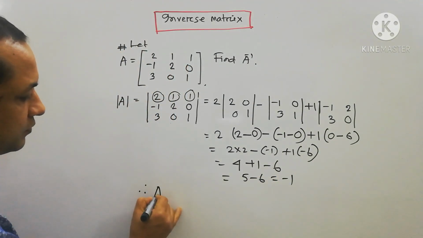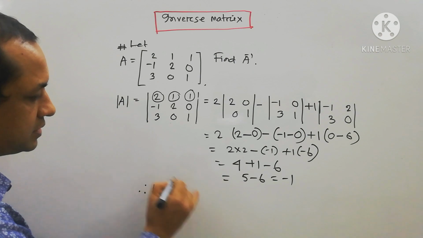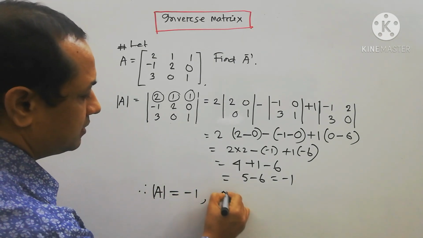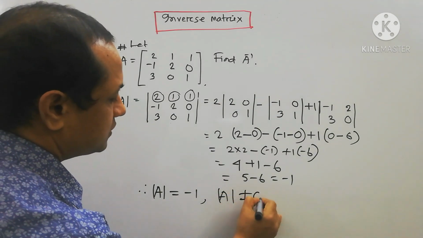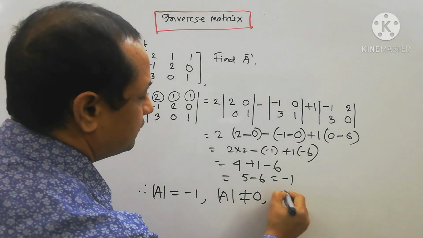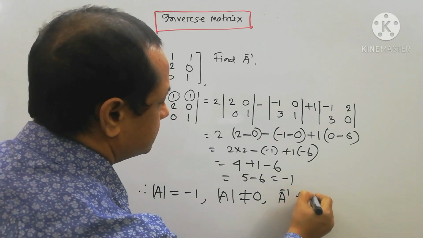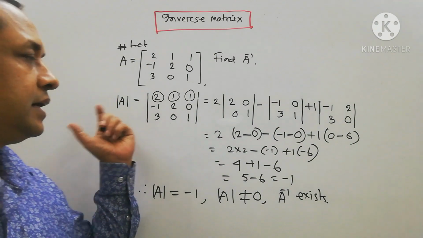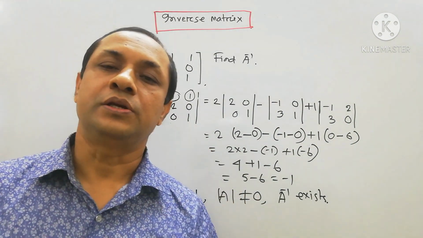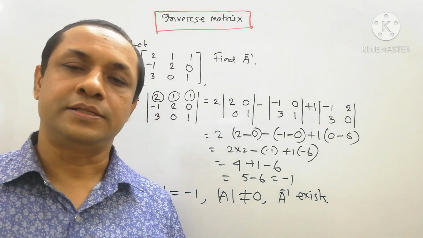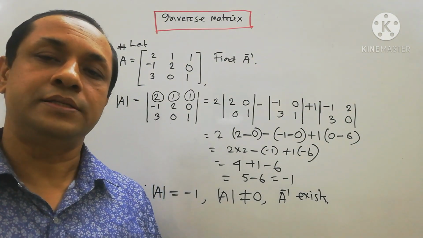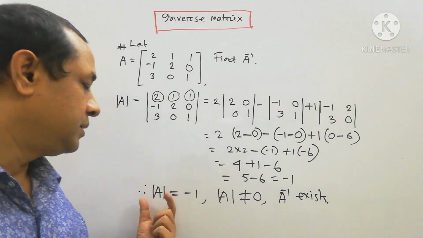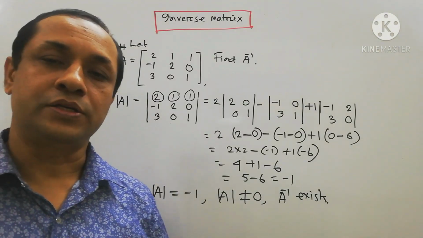So students, the value of the determinant is minus 1. Here determinant of A is not equal to 0, so A inverse exists. A is a non-singular matrix. So A inverse exists. Here determinant of A is minus 1.